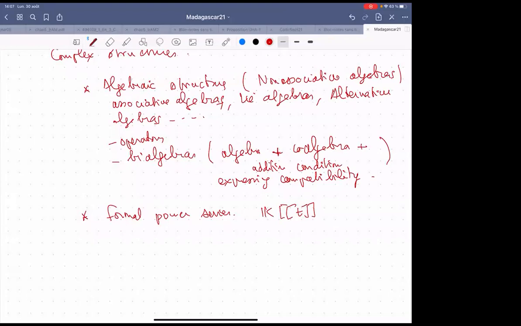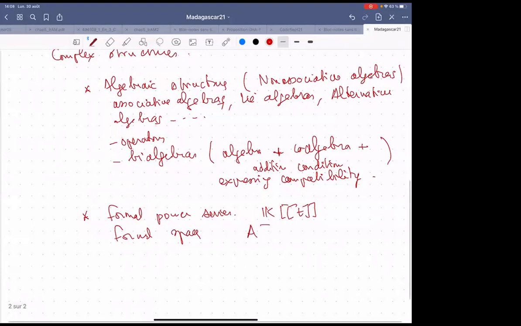From this, we can extend k-linearity to K[[t]]-linearity for our algebra, and we can also consider formal spaces. If you have a k-vector space A, then you can extend it to the formal space A[[t]].